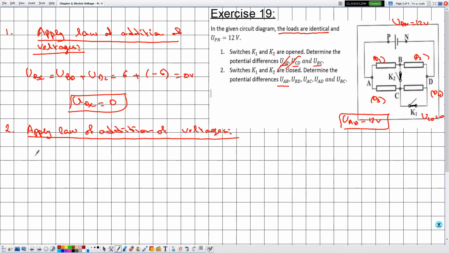In this case we are interested in determining UAB, going from A to P plus P to N plus N to D and D back to B. So UAP is equal to 0, justified previously. This is 12, UND is 0, and UDB is 0, and the reason is that it's short-circuited.